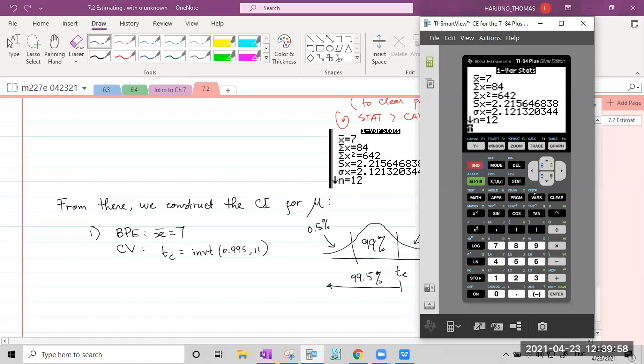That is inverse T, 0.995, degree of freedom 11. It's 3.10581.